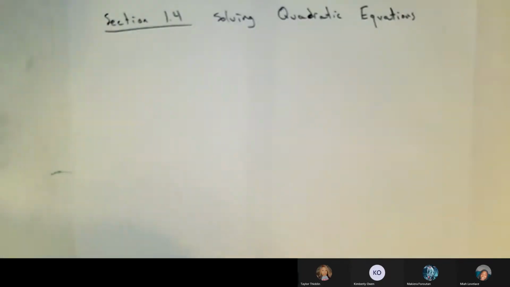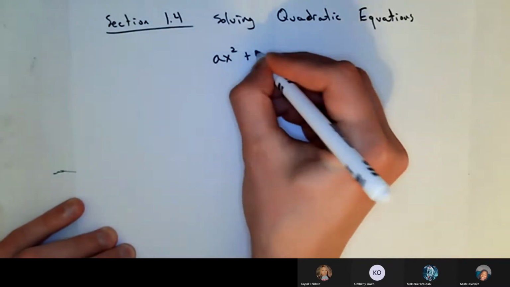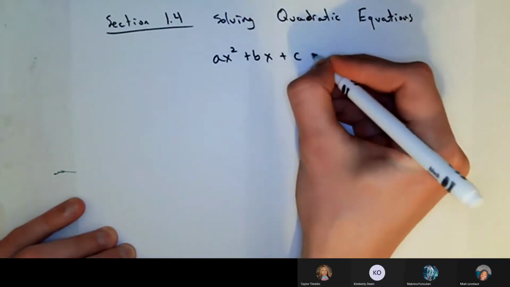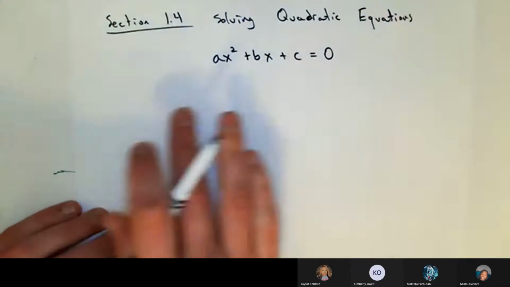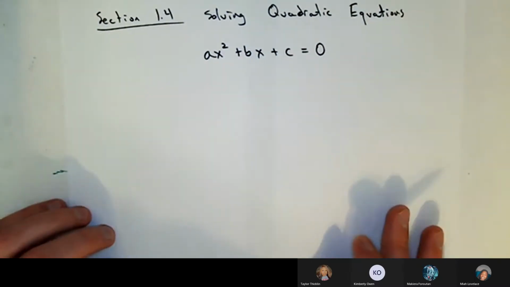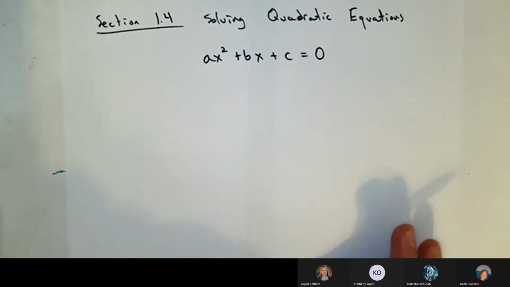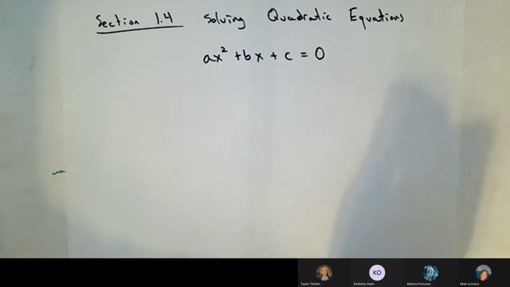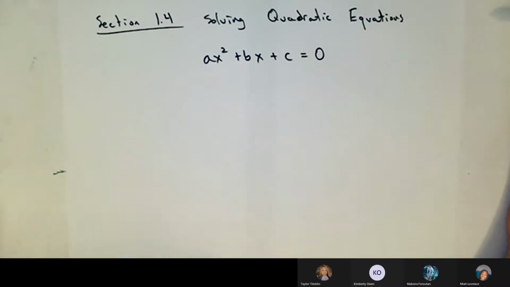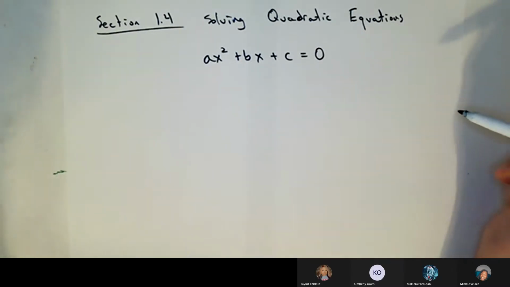A quadratic equation is something in the form ax squared plus bx plus c equals 0. This is the nice standard form that we like to have because it has a 0 there. That's the nicest form that we can have.